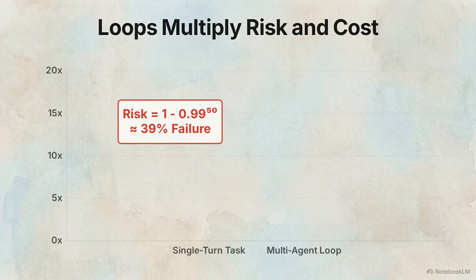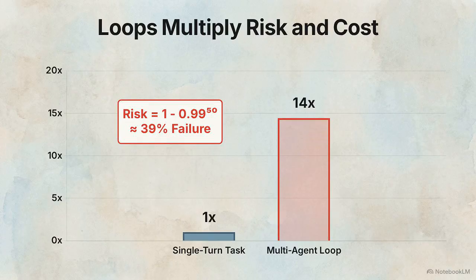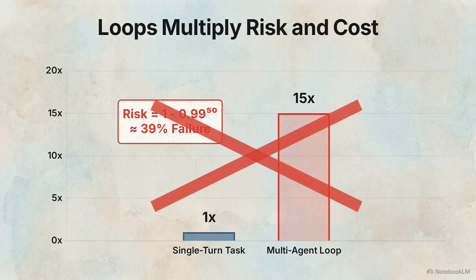That compounding effect applies directly to your cloud bill. Unengineered multi-agent pipelines running open loops routinely consume up to 15 times more tokens than single-turn equivalents performing the exact same task. You cannot evaluate system safety by looking at single actions in isolation. The loop inherently multiplies the risk of every decision inside it.